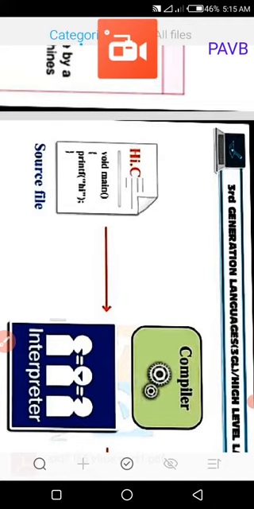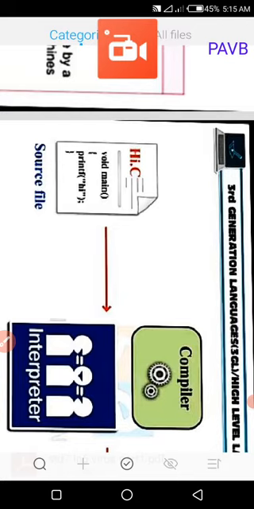The program in high level language must be translated into machine language. We use a compiler or interpreter for that. Some examples of high level languages are COBOL, BASIC, Fortran, etc. Computer can understand machine language, so the third generation uses what language?